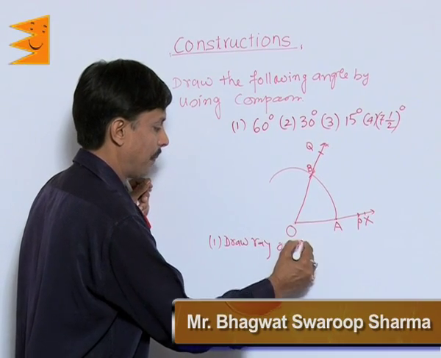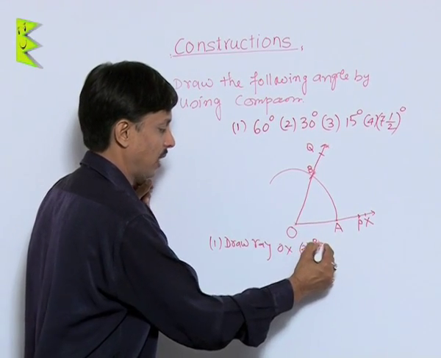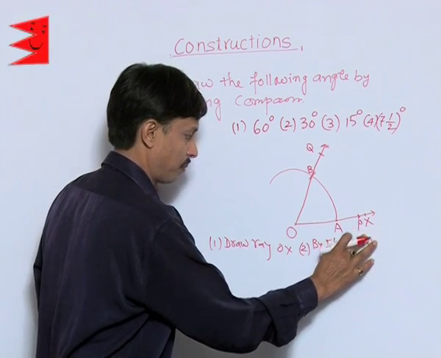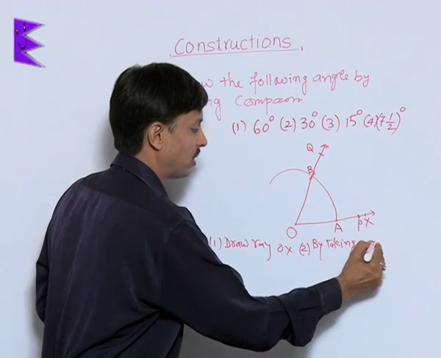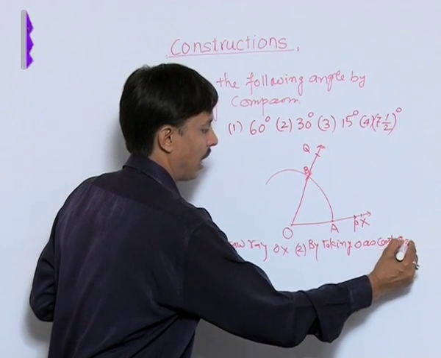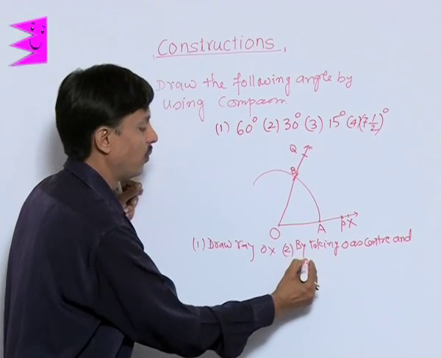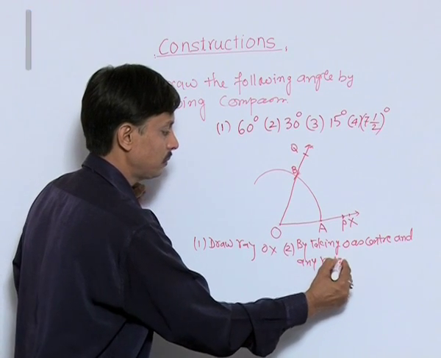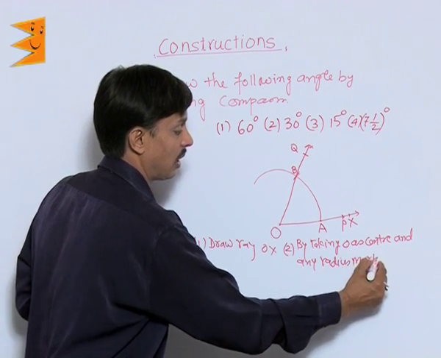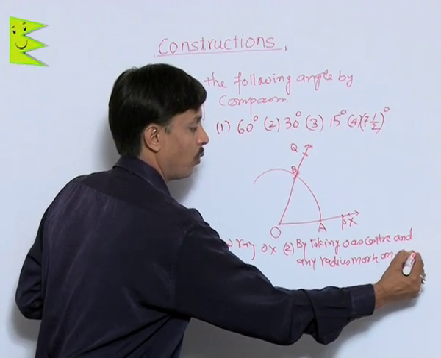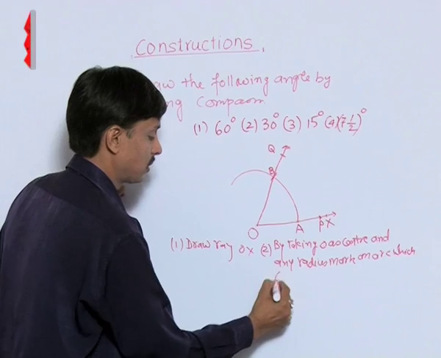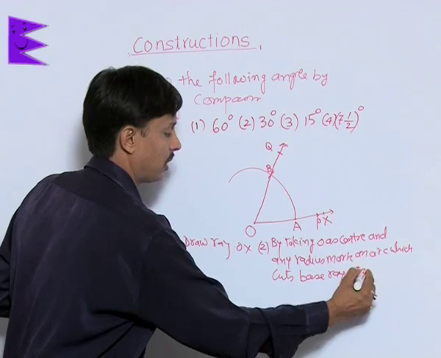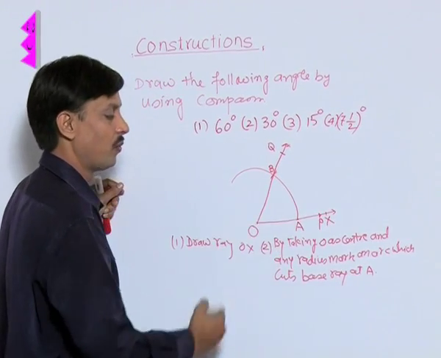Then, second step, taking O as center and any convenient radius, mark an arc which cuts the base ray at A as shown in the figure.